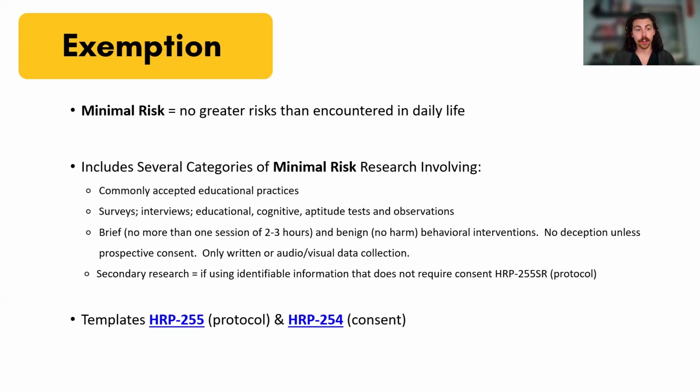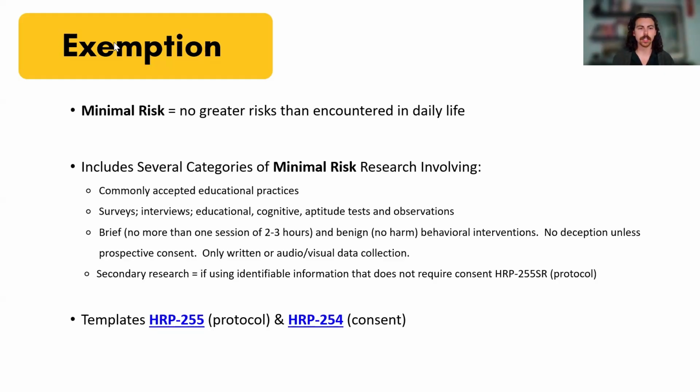Okay. For non-human subjects research, we mentioned secondary research and how de-identified data sets are not human subjects research. I want to make clear that if you are using data that is identifiable information, it hasn't been de-identified, you do not fit in the not human subjects research category.